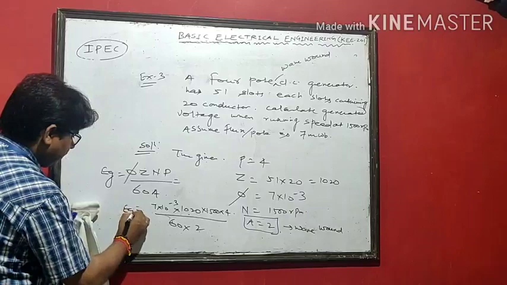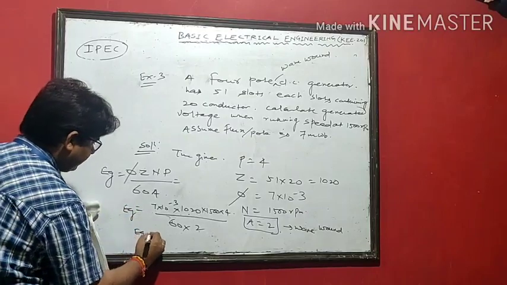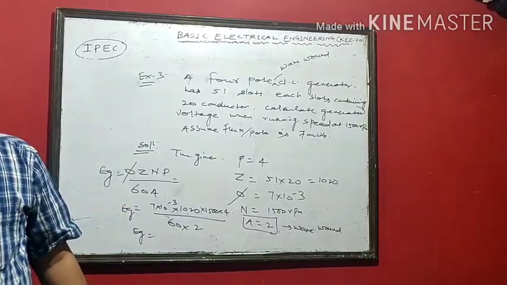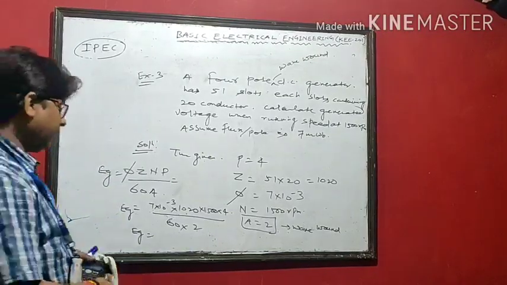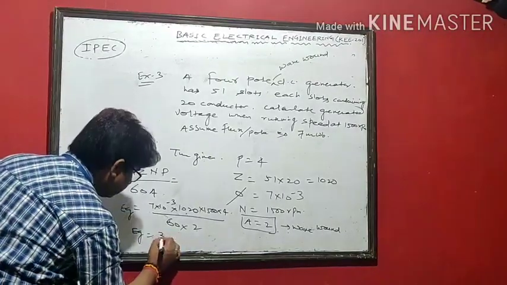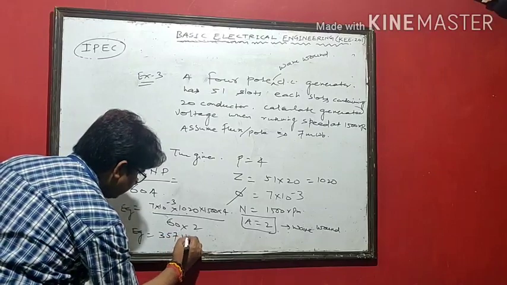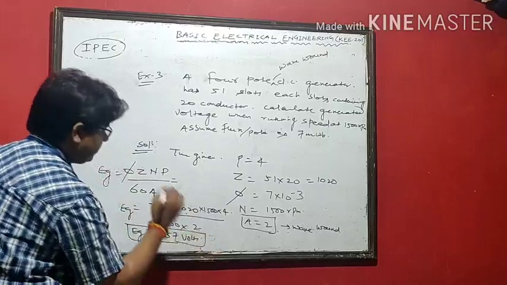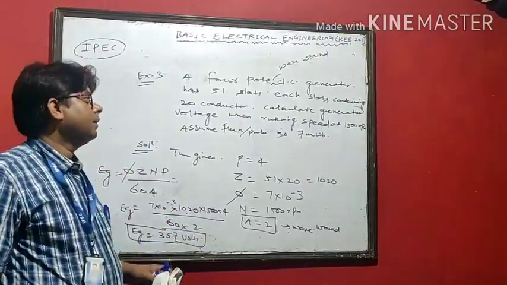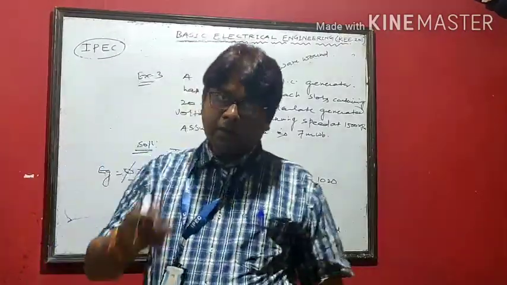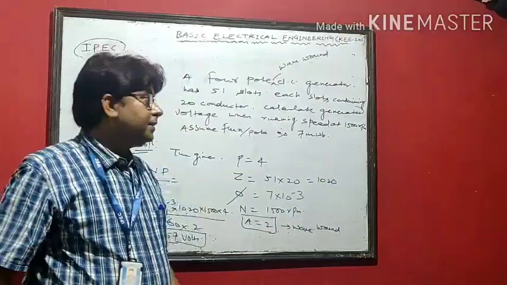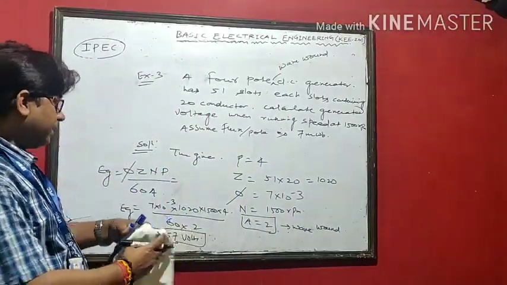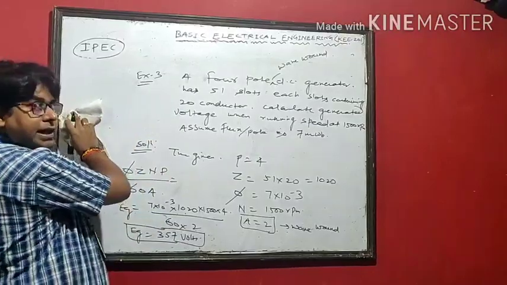So this is your EMF. The value of EMF generated is Eg equal to 357 volt. Please check it. There are 3 problems based on the EMF equation of DC generator. Is it clear?